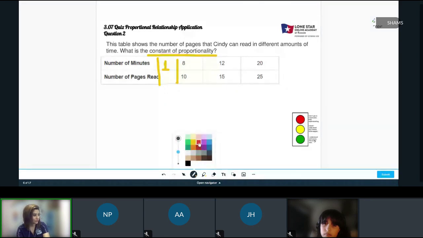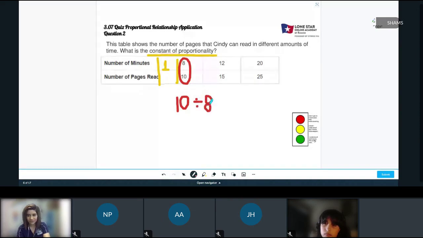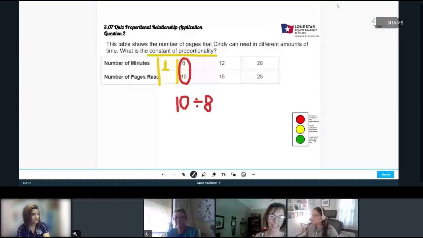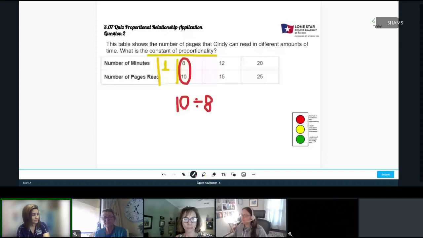We take this information and try to find for 1 minute. If in 8 minutes 10 pages are read, I will just do 10 divided by 8 and it will tell me for 1. Okay, Paxton? Just divide and that will tell you the unit rate. For example, if this is your question, Paxton.